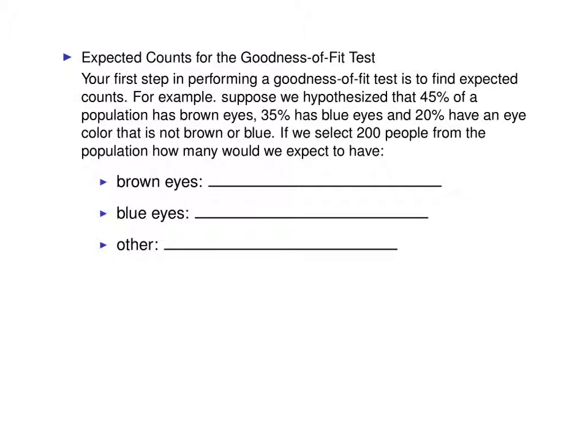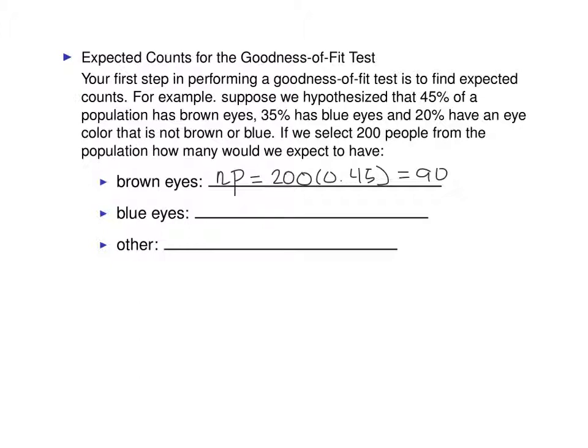The number of people who would have brown eyes is np. Remember that formula from a few chapters ago, where n is the sample size, 200, and p is 0.45. That's the expected value. So in this case, that is 90. On average, 90 people in a sample of 200 will have brown eyes.